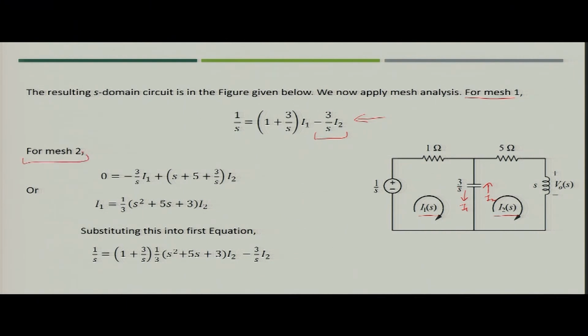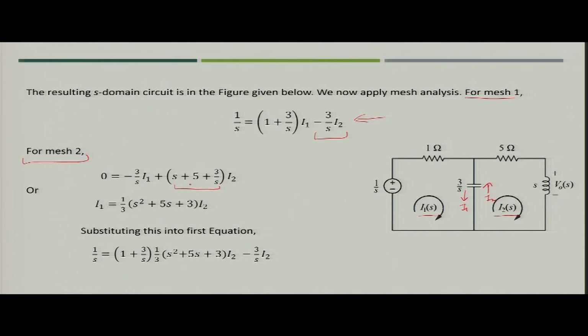For mesh 2, what will happen? You will sum up all the impedances. So, it will become S plus 5, that is the value of resistance, and then plus 3 by S, that is the capacitance value.